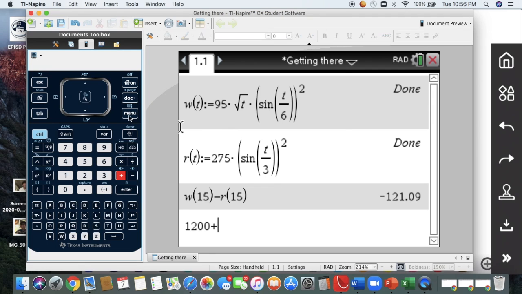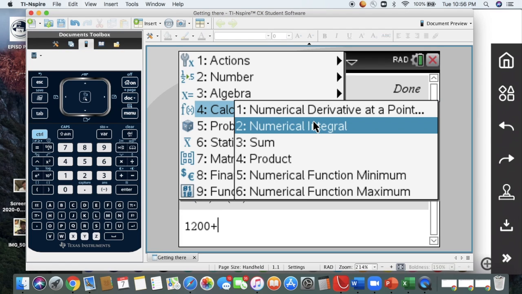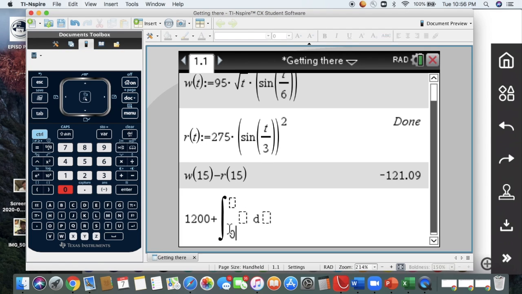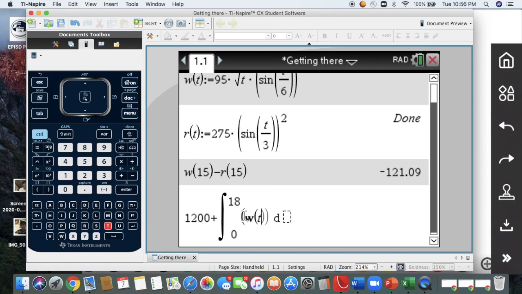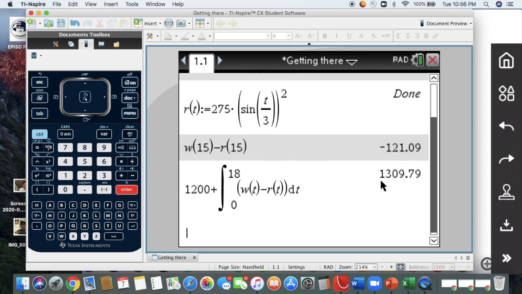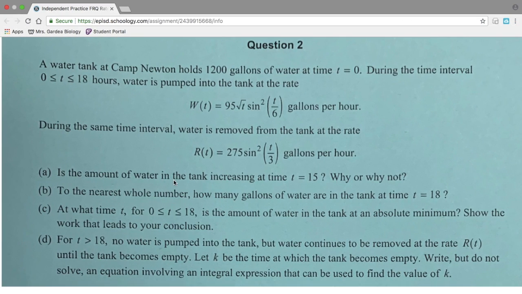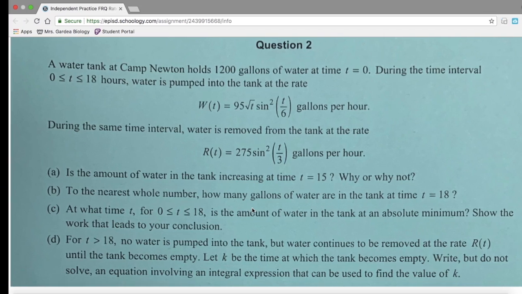So you're going to have an integration from 0 hours to 18 hours, and this is where your rate of change comes in, W of t minus R of t, right? And it's going to be with respect to t, time, and you get 1,309.79, right? So that is how many gallons of water are in the tank at 18 hours.